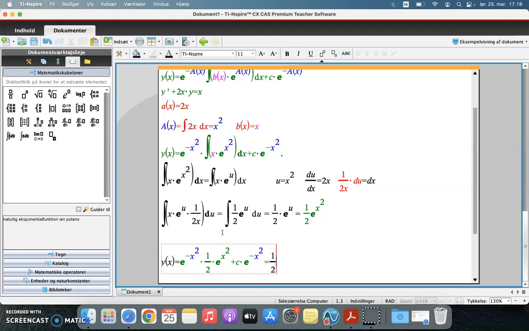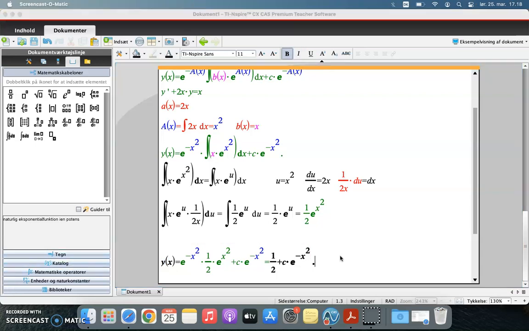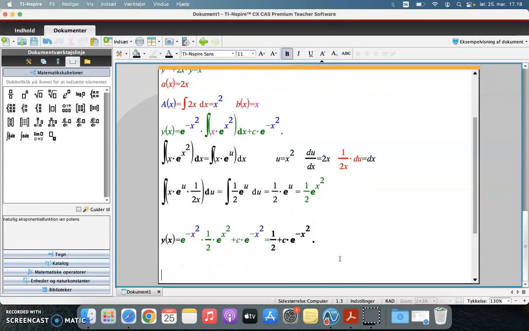So we get this 1 over 2 plus C multiplied with the rest here. So now we have solved the equation. Now I'm just going to write it down here once again. This here is equal to this.